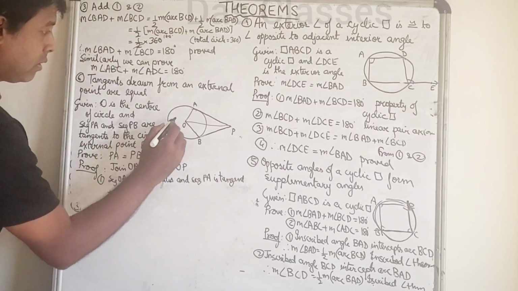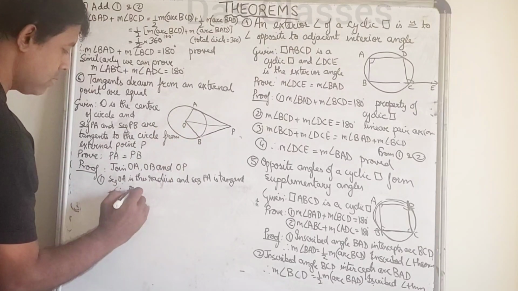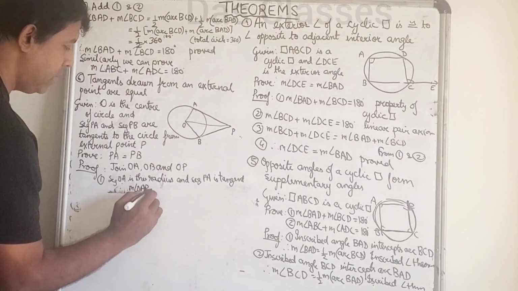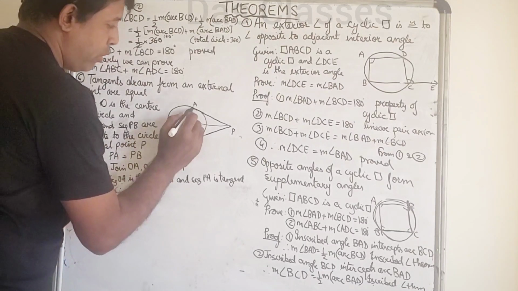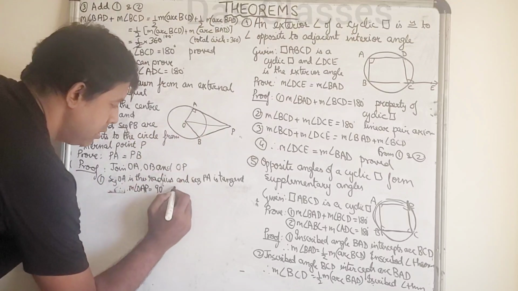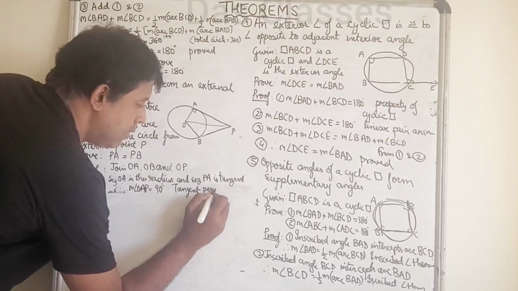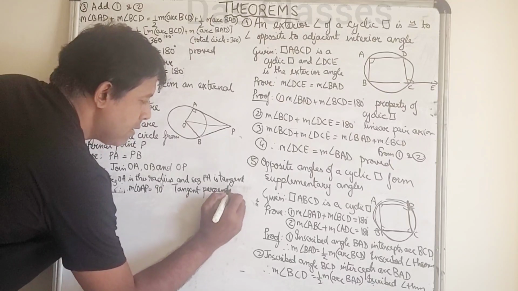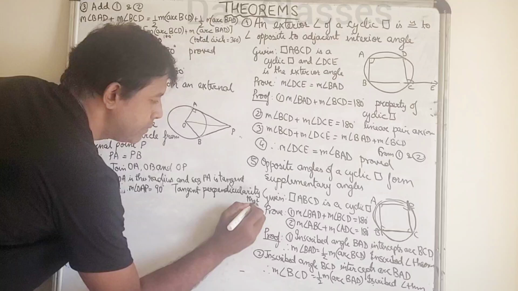Therefore measure angle OAP is equal to 90 degrees. That's again a theorem, that at the point of contact of a radius and a tangent, the angle made is 90 degrees. The theorem is tangent perpendicularity theorem.